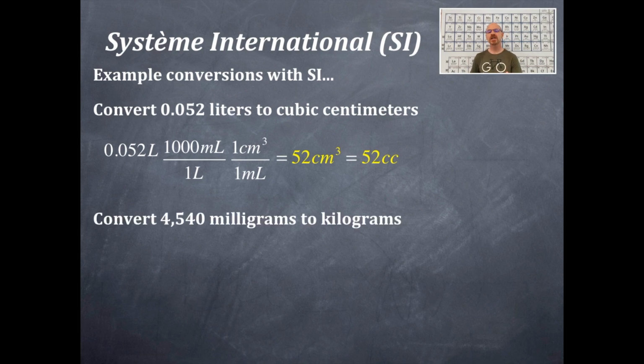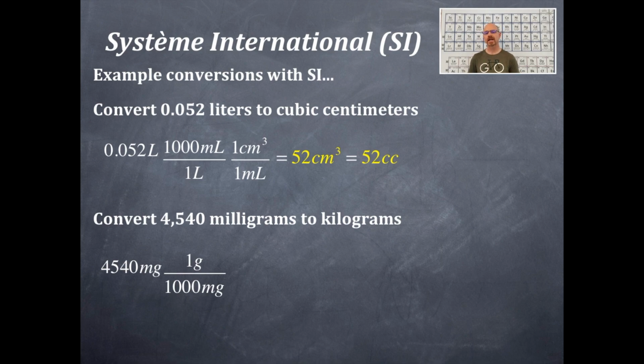Okay, here's another example. We're going to convert 4,540 milligrams into kilograms. So again, here's the starting number, 4,540 milligrams, and we're going to go from milligrams into grams. That is the unit conversion. If we do this multiplication, 4,540 times 1 divided by 1,000, that would give me the grams in those milligrams.